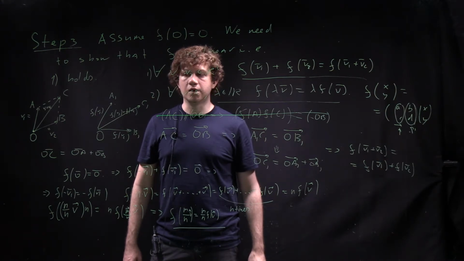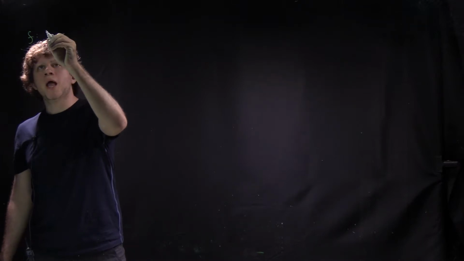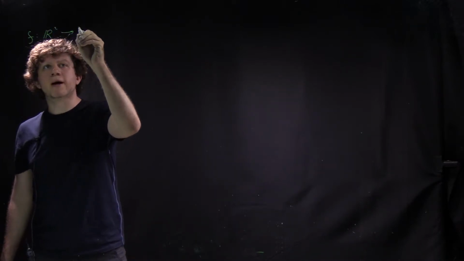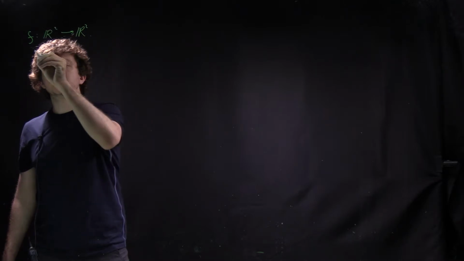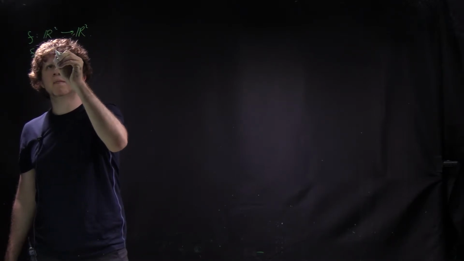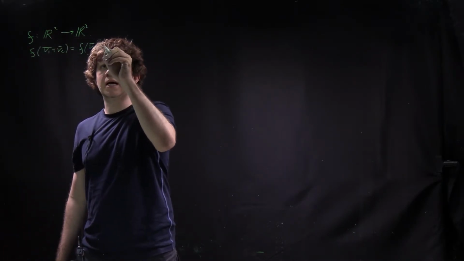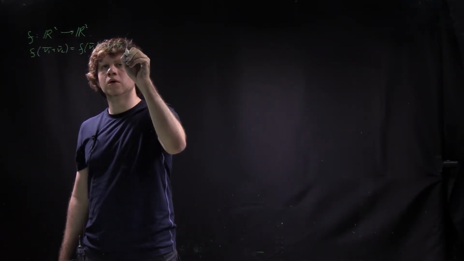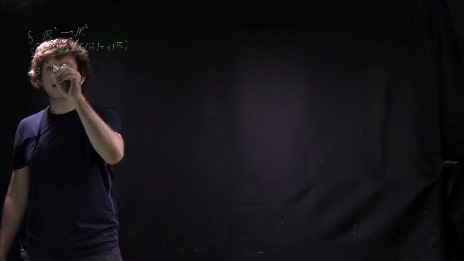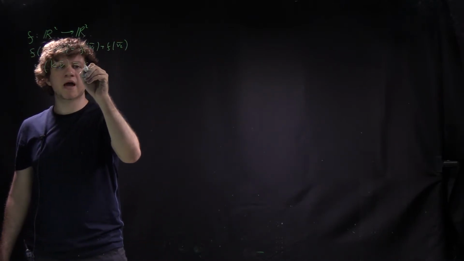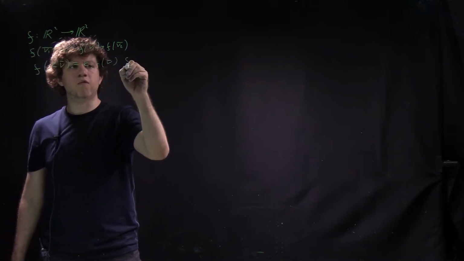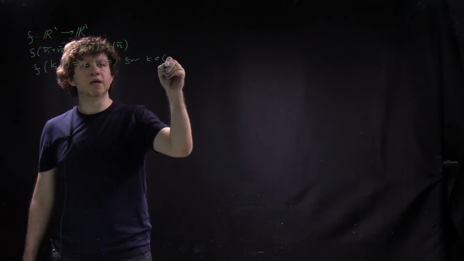Okay, so let's continue. Let's summarize what we know. So we have this map f, and we know that it sends vectors to vectors, and we know that f of v1 plus v2 equals f of v1 plus f of v2, and we know that f of kv equals k f of v for k being rational.